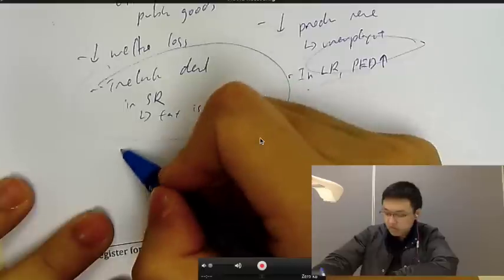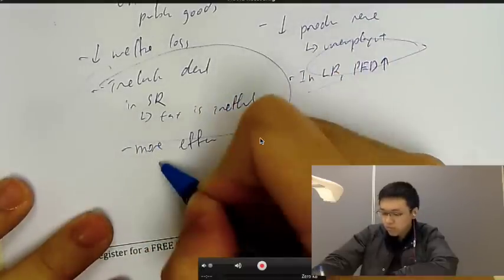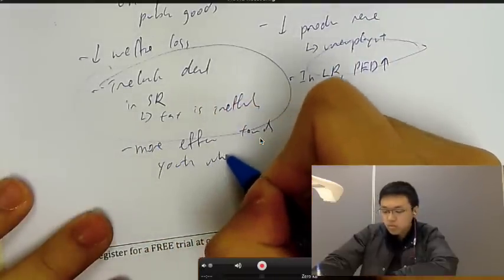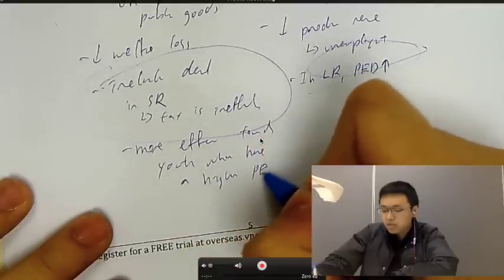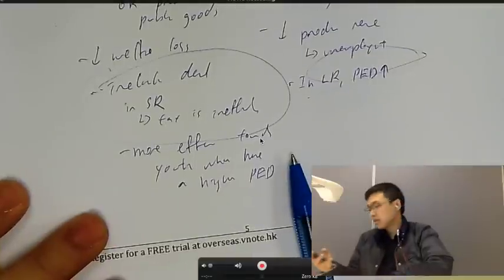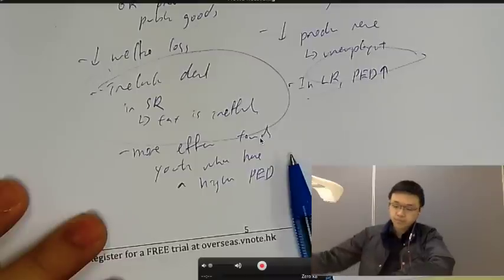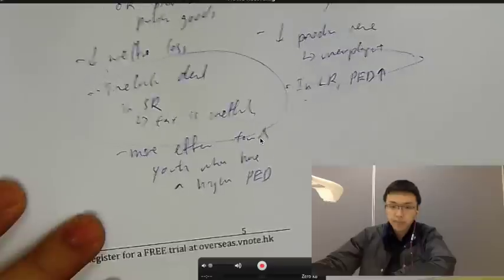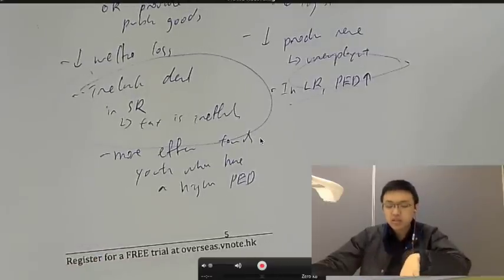So it's more effective towards youth, whom have a higher PED. The reason it's more effective is because they have a higher PED. So they are more responsive to price changes, right? So that's it. Okay.